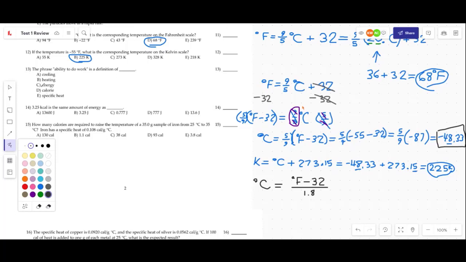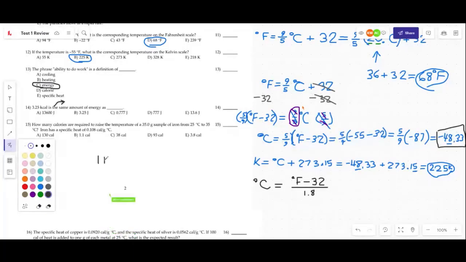So, energy is the ability to do work. And then 3.25 kcals is the same amount of energy as blank joules. This is just another conversion factor problem, and I'll go ahead and show it right here. There's two conversions that you need to know.